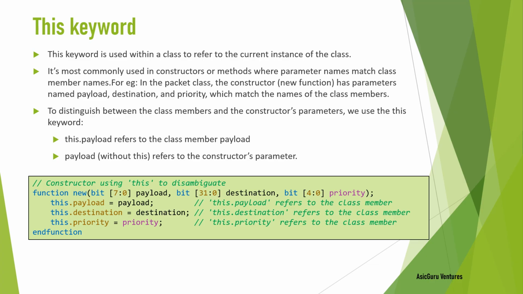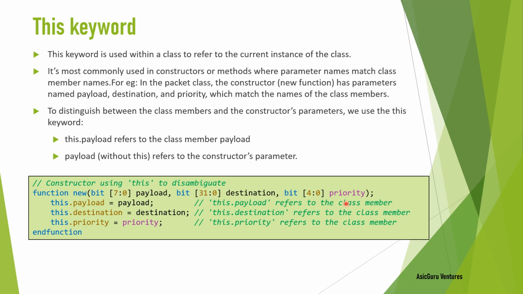The this keyword is used to refer to the current instance of a class, and this is useful in constructors or methods when the parameter names match the class member names. For example, in our packet class, the custom constructor which we wrote has parameters named payload, destination, and priority.